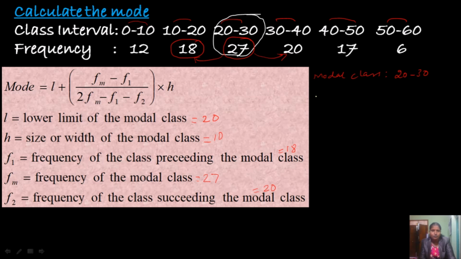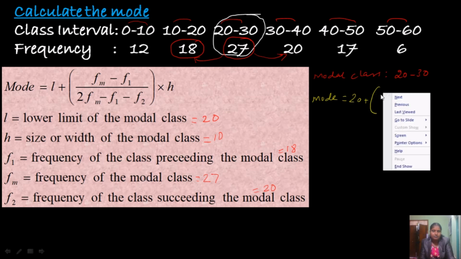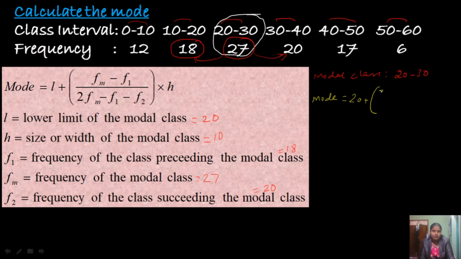Let's now calculate the value of mode. Mode is equal to L, which is 20, plus f_m, 27, minus f_1, 18, divided by 2 into f_m, 27, minus f_1, 18, minus f_2, 20, into h, which is 10.